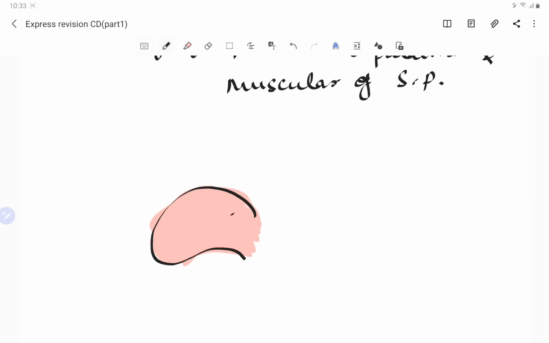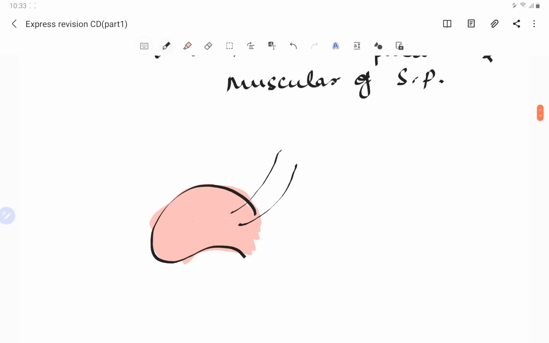Here we have got palatoglossus muscle. So let's draw above which we have got the hard palate and the soft palate.